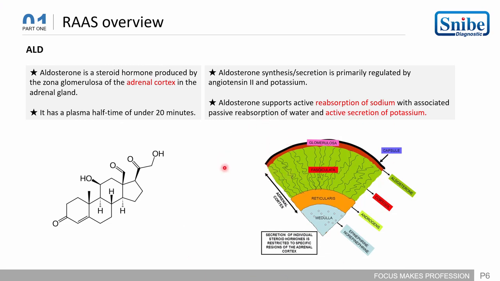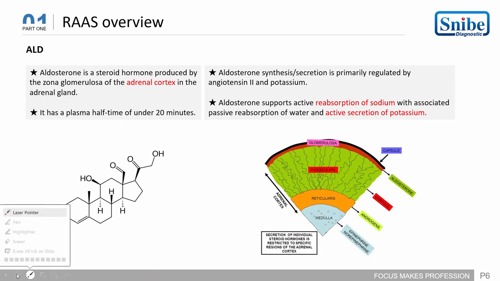Aldosterone supports active reabsorption of sodium, associated with passive reabsorption of water, and active secretion of potassium. You can see that the glomerulosa releases aldosterone, the fasciculata releases cortisol, and the reticularis and the medulla release epinephrine and norepinephrine in the adrenal gland.